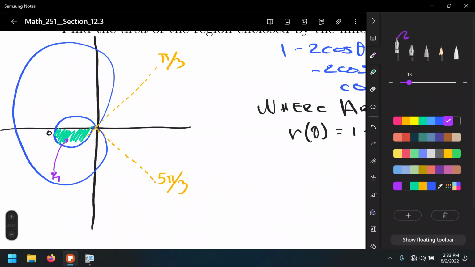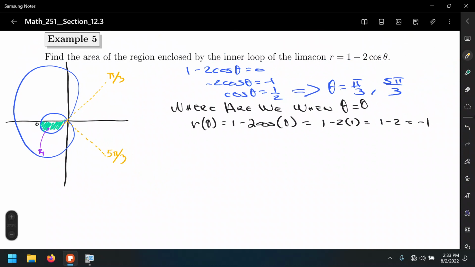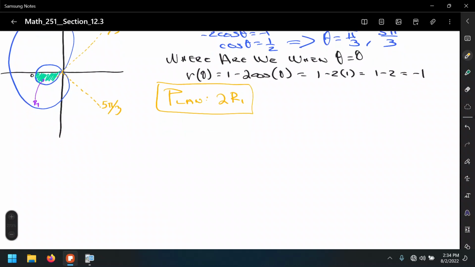So what we're going to do is find the area of R1 and multiply that by 2. So let's set up a plan first. Plan: 2 times R1. That's how we will find the area under the inner loop.